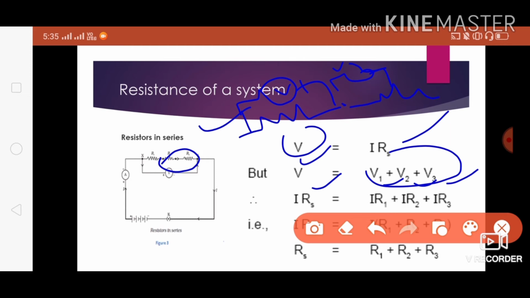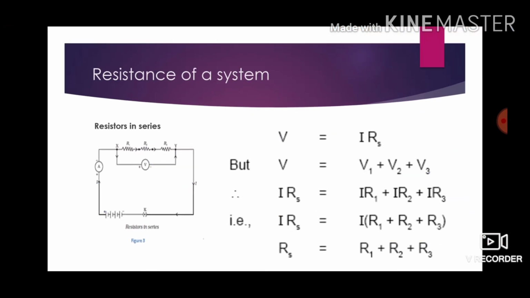So I Rs equals I into R1 plus R2 plus R3. Taking I as common, Rs equals R1 plus R2 plus R3.